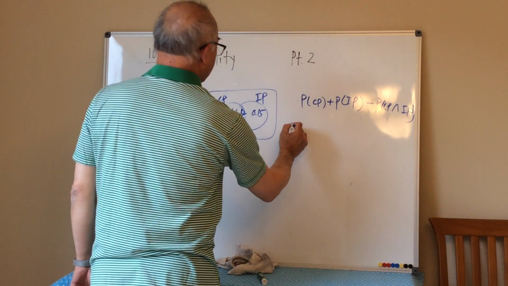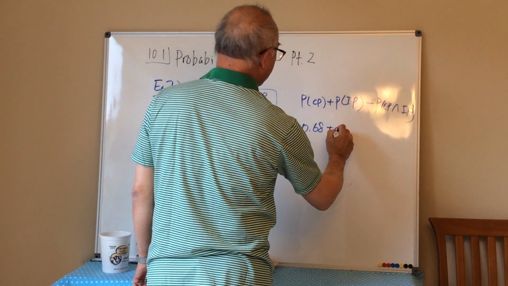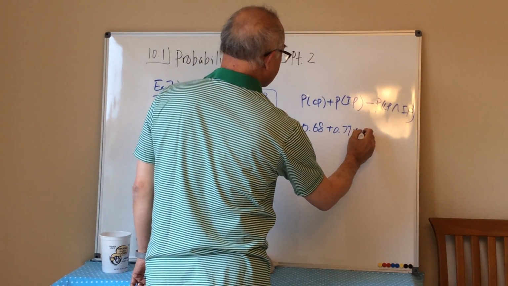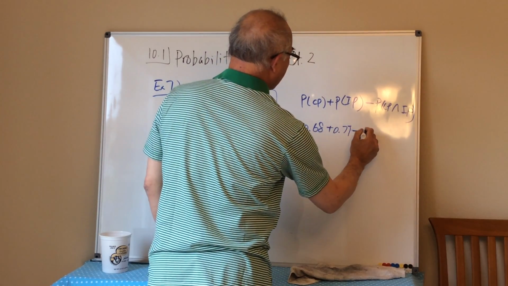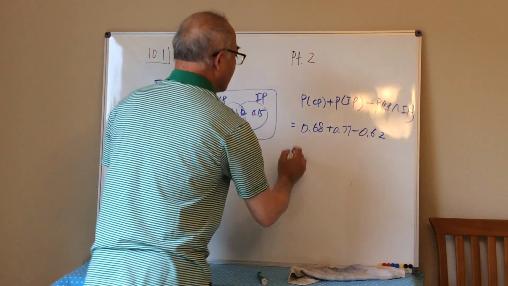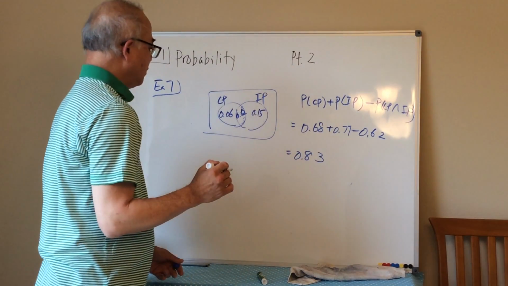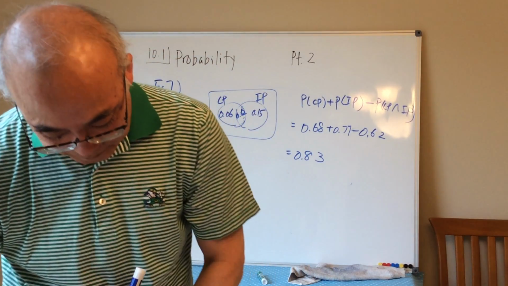We add 0.68, add 0.77, then subtract the one in the middle, 0.62. We get 0.83, yeah.